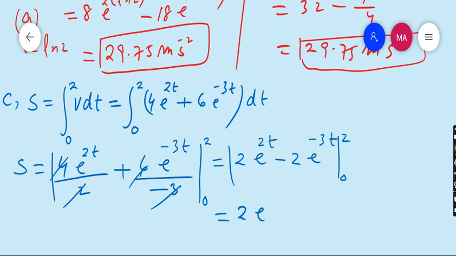2e^(2t) minus 2e^(2 times 0). I am applying the limit.